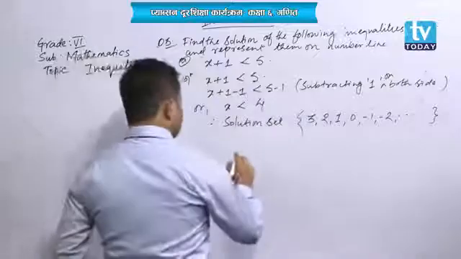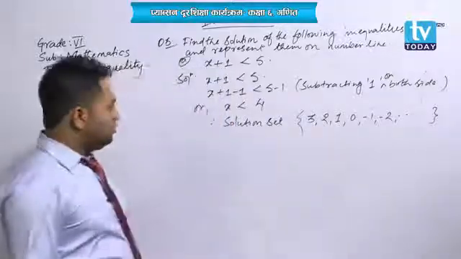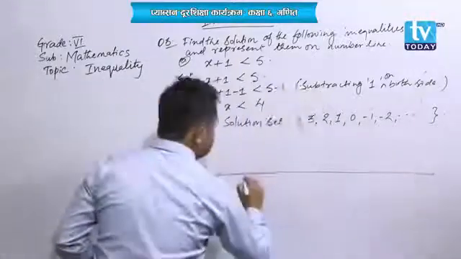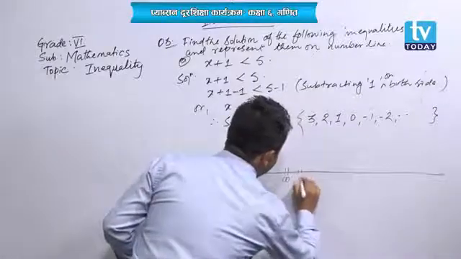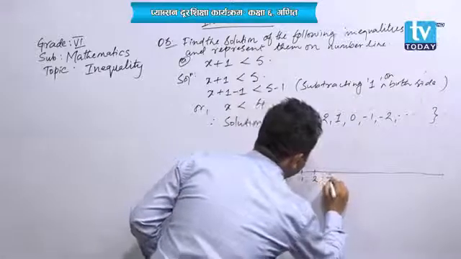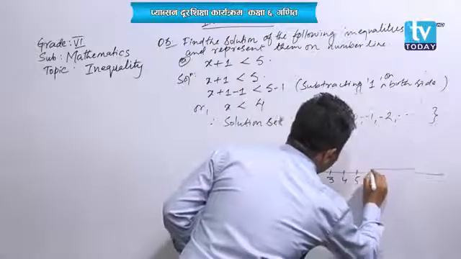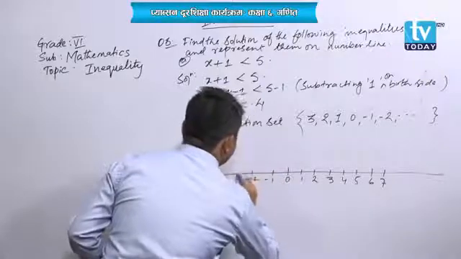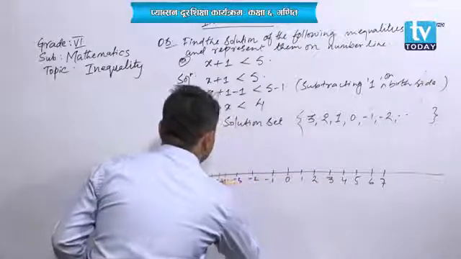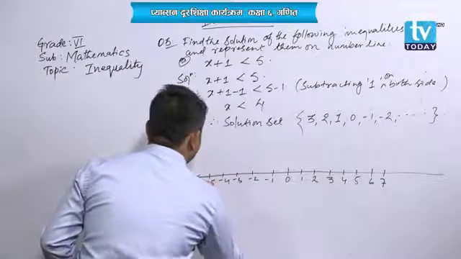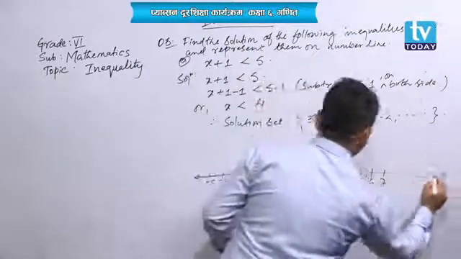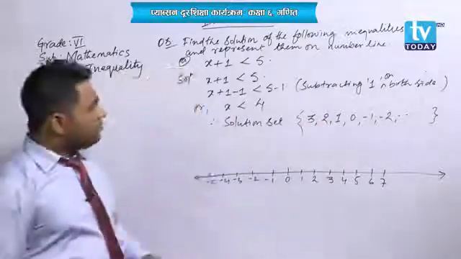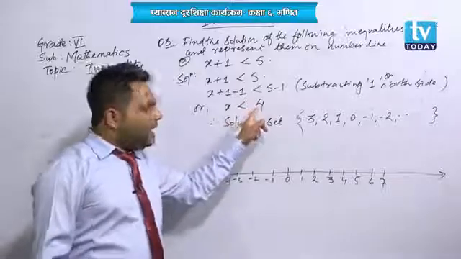Now you have to represent this in number line also. Like previous question, you can represent all this in number line. 0, 1, 2, 3, 4, 5, 6, 7, minus 1, minus 2, minus 3, minus 4, minus 5. Then the value of x is less than 4.